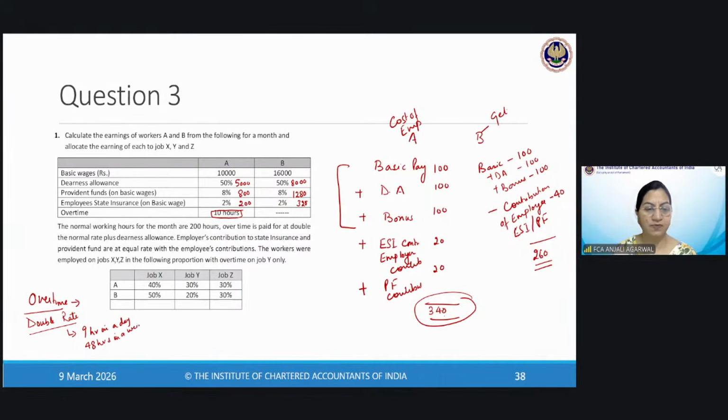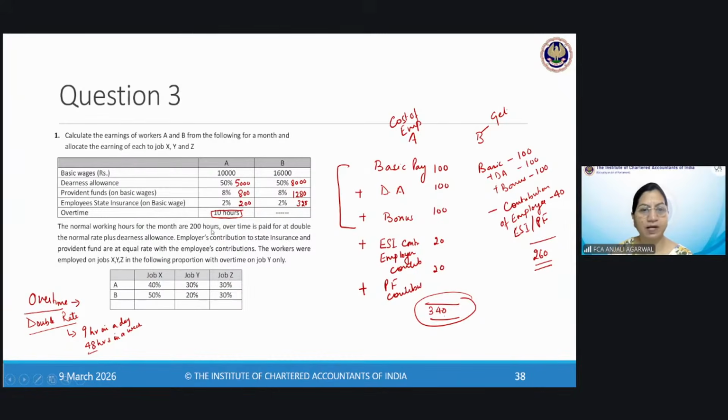So if the worker is working 9 hours each day for 6 days, it makes 54. So 6 hours would be the overtime, as 54 is 6 hours more than 48 hours, right?